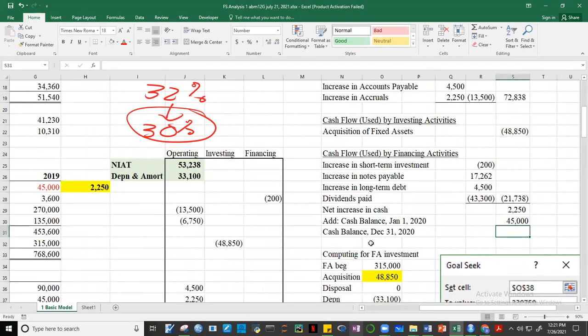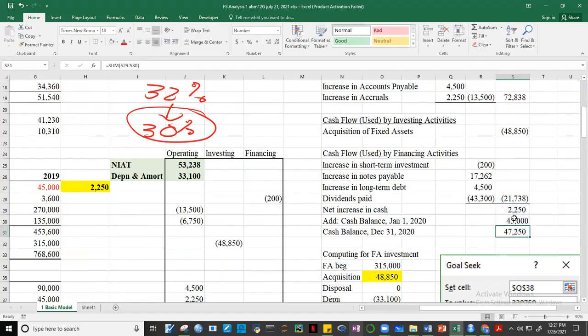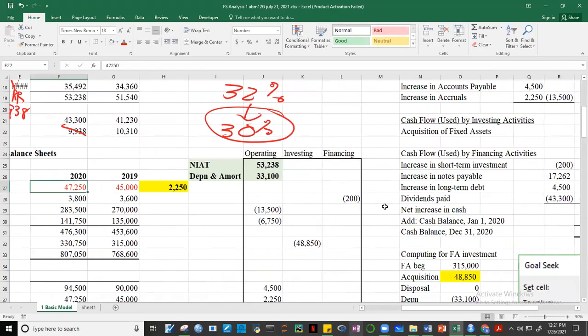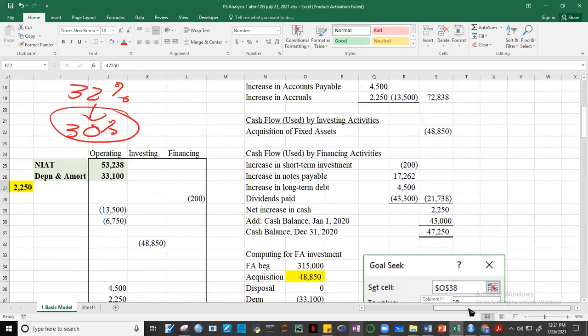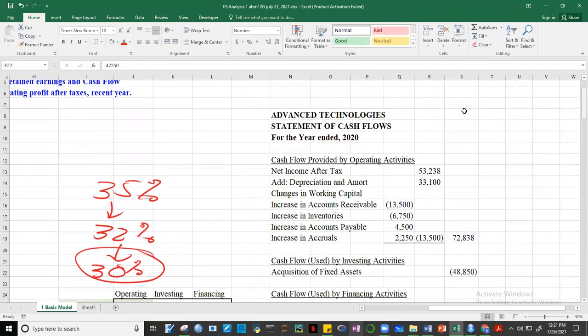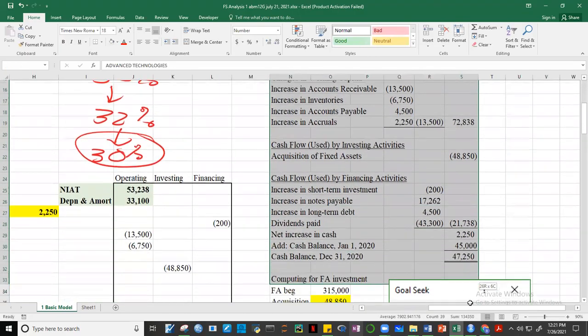So therefore, our cash balance at the end is just the sum of this one and this one. 47,250, which is the ending cash balance. Okay, so perfect, lahat sila nag-agree na. Okay, so that's our formal statement of cash flows.